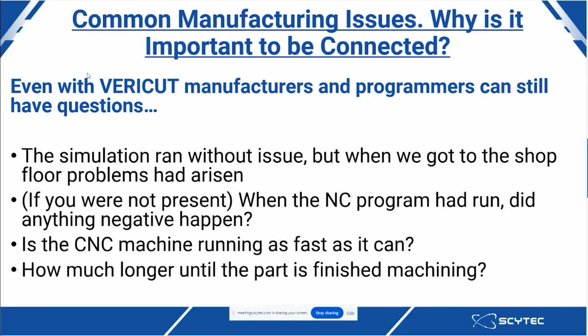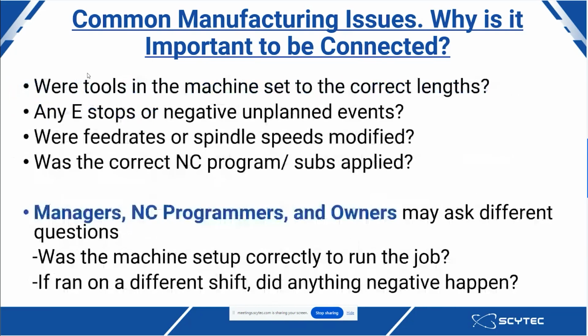Is it running at full capacity, 100%? And how much longer until the part is finished machining? Some other questions include, were tools in the machine set to the correct lengths? Were any e-stops or negative unplanned events taking place while you were machining? Were feed rates or spindle speeds modified? And was the correct NC program or subroutine applied?